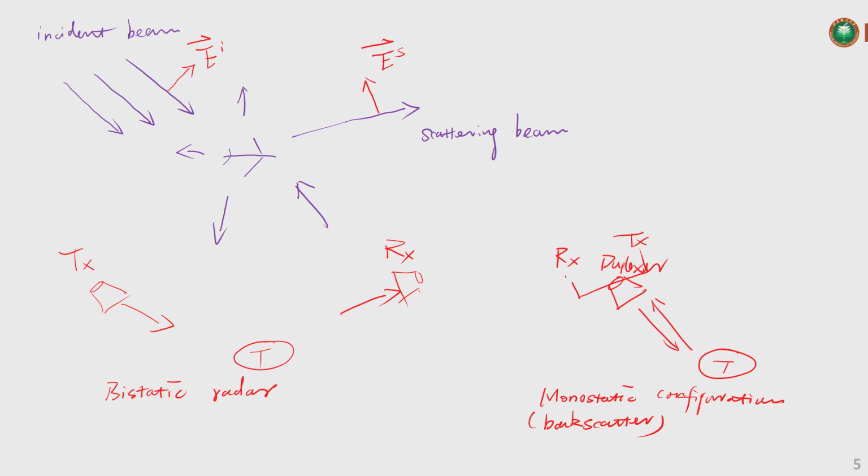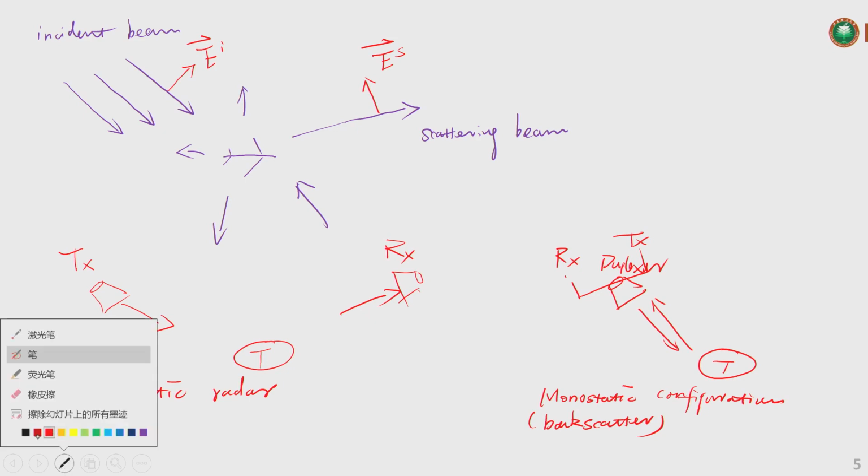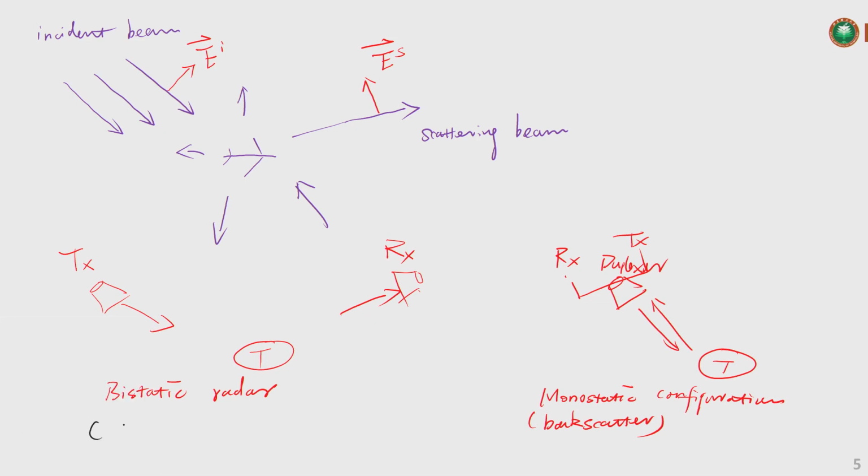For the first one, we call the system configuration for this part, or the alignment for this part, FSA. It means forward scattering alignment.